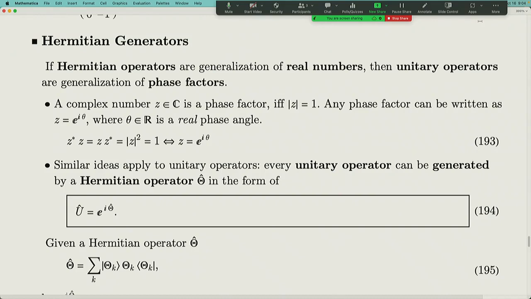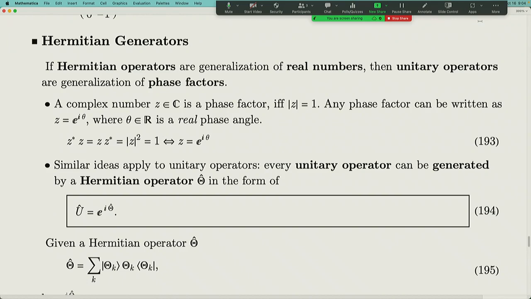Unitary matrices are also complex matrices, but if it's a one-by-one unitary matrix, that basically is like this: a complex number, whose Hermitian conjugate becomes the complex conjugate, and then if U dagger U equals 1, that means Z star Z equals 1. So in that case, we found that for a complex number, if its norm is 1, then it must be a complex number on a unit circle in the complex plane.